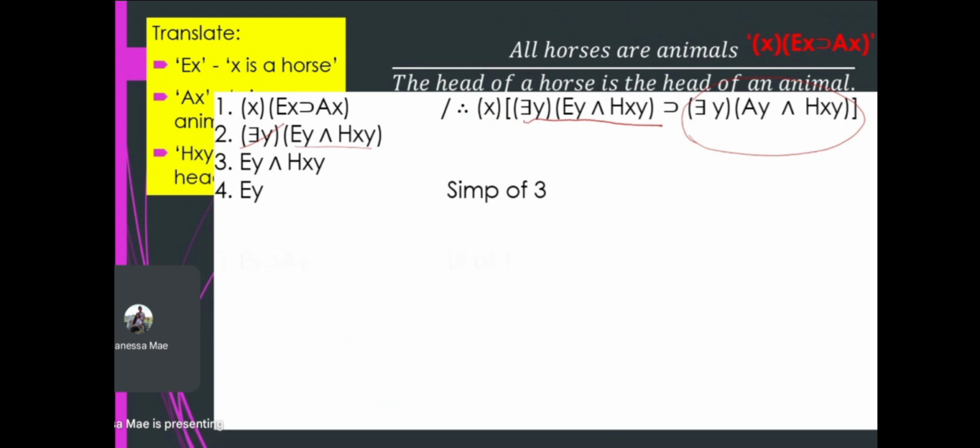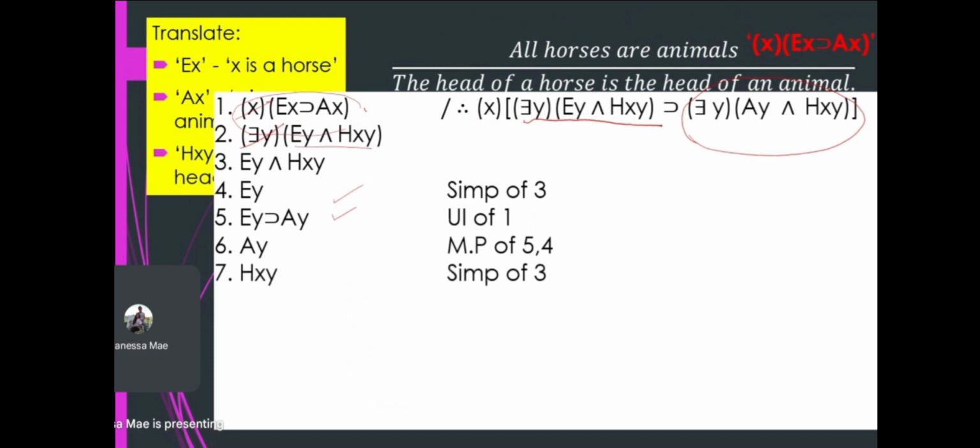Now for 5, we used UI, meaning dropping the quantifier for all X, and then we have a change of variable as well, since instead of X we have Y here, implies AY. Next, AY is the result because we use 5 and 4 by modus ponens. So, affirming our premise, the result is affirming our conclusion.